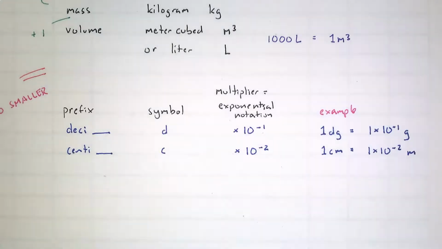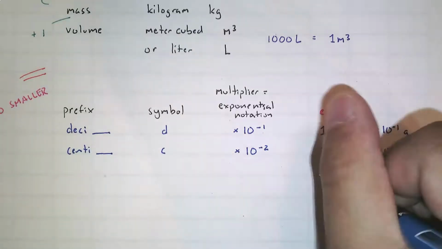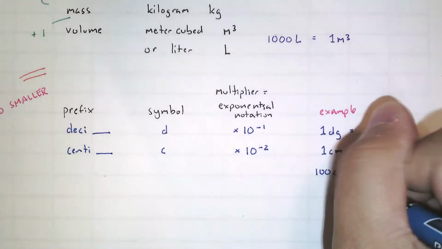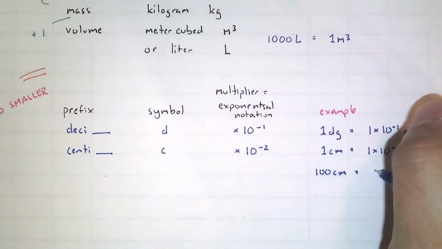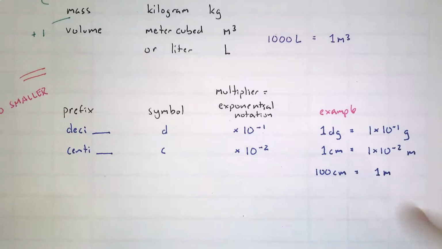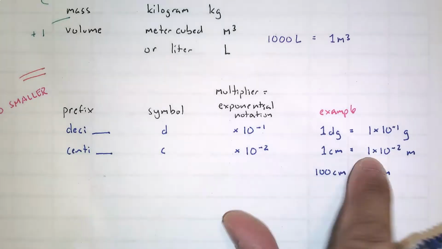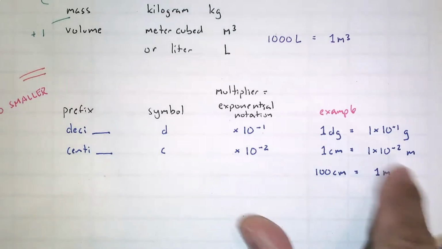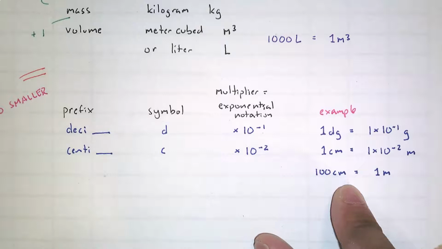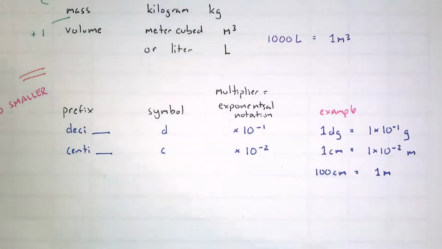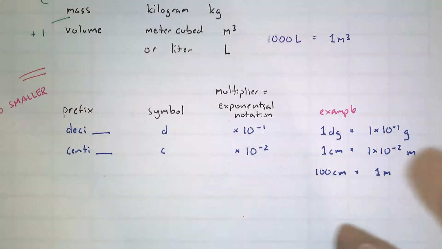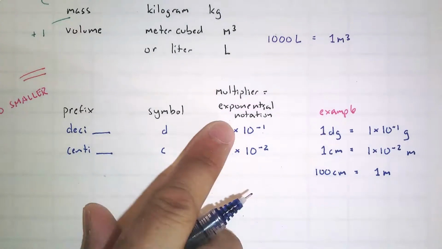Okay. Now, is it true? Yeah, it's true that 100 centimeters equals 1 meter. And you'll get the same answer whether you use this conversion, 1 centimeter equals 1 times 10 to the minus 2 meters, or if you use this conversion. But I think we should stay consistent, and use the exponential notation.